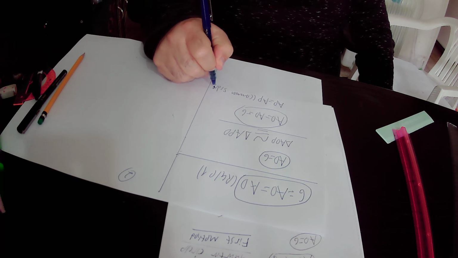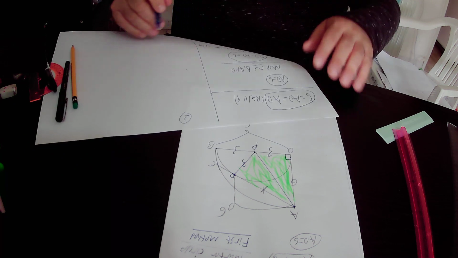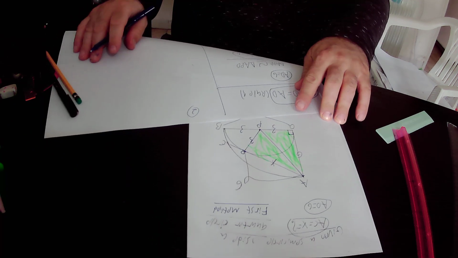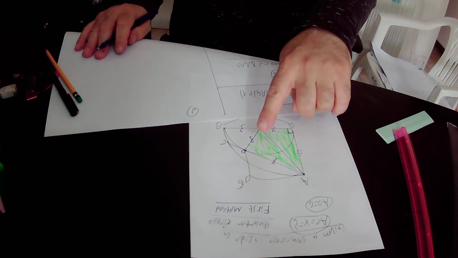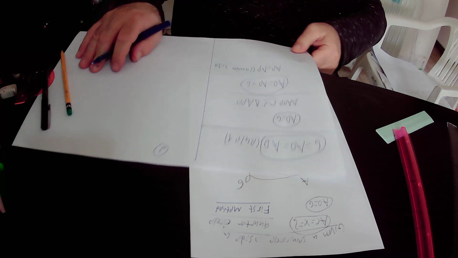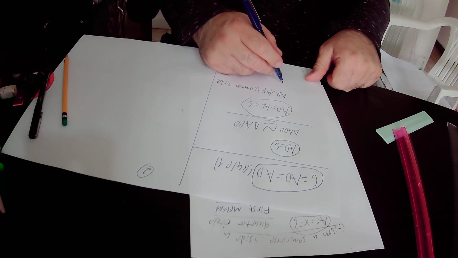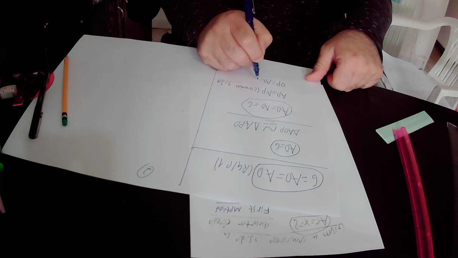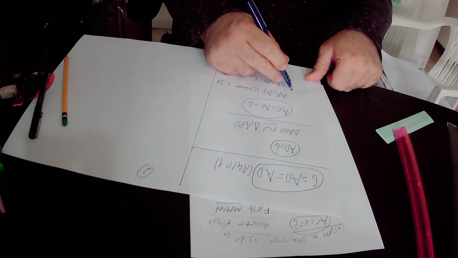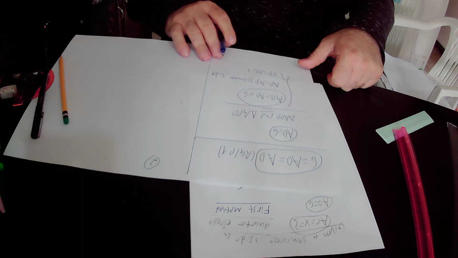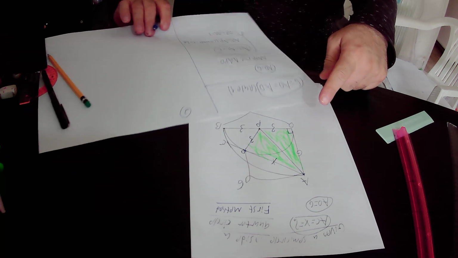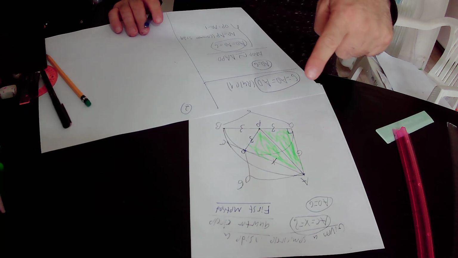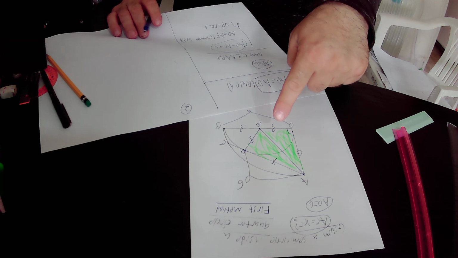And finally, OP equals PD equals 3 units. This is the radius of the semicircle. So actually, we proved that all sides of triangle AOP are equal to all the sides of triangle APD.